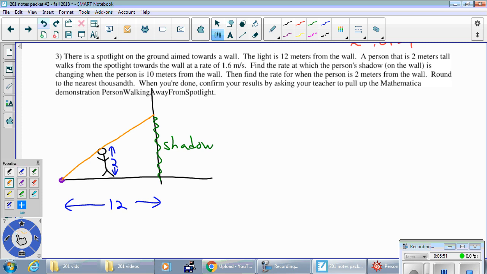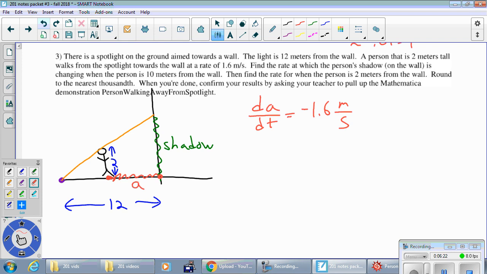So that feels like we should label this distance from here to here, because that is the thing that is getting smaller by 1.6 meters every second. So how about we call that one A? And then we can write that the rate of change of A with respect to time is 1.6 meters per second, except A is getting smaller, it's getting shorter, so we need to get a negative sign in there.